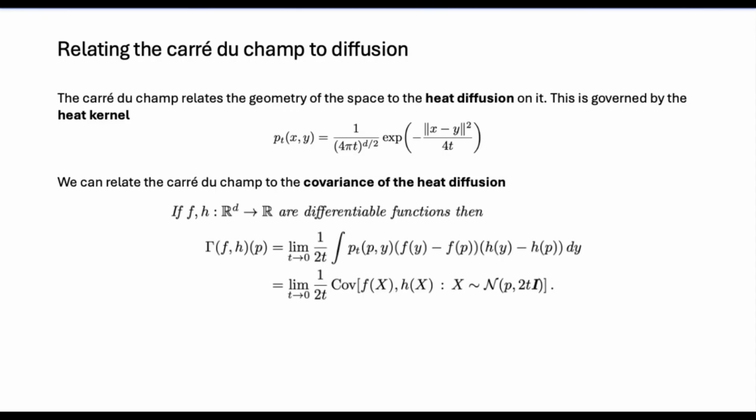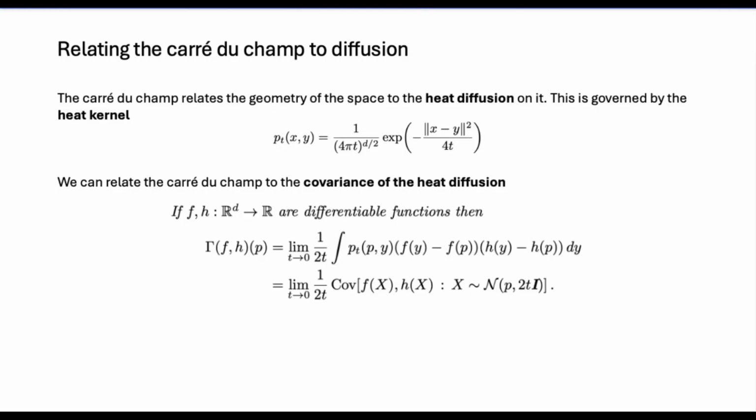And the key step that we're going to be exploiting is the fact that this Cauchy-Schwarz, this pointwise dot product of grad f, grad h, we can write just involving diffusion via this covariance formula. If you imagine the diffusion measures a local bump function near a point, we look at how f and h covary at that point, and that in the small t limit gives you an estimate of the gradient grad f dot grad h.